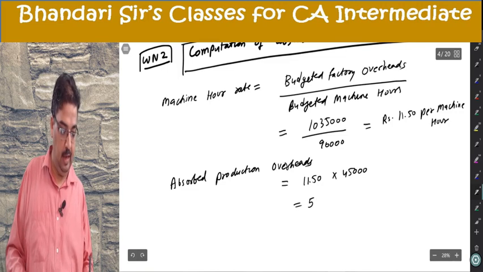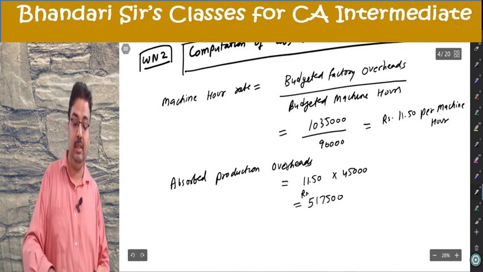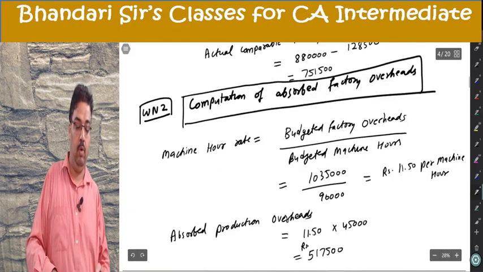You will get 5,17,500. Now this figure is lesser than working note 1 figure, so there is under absorption.